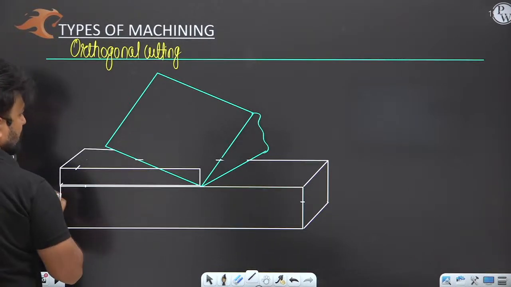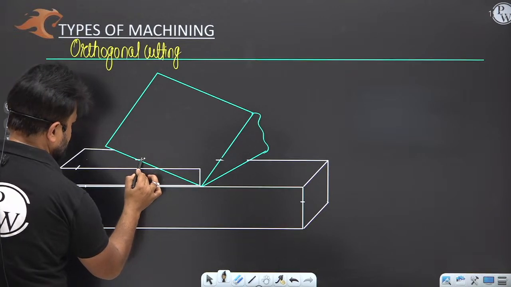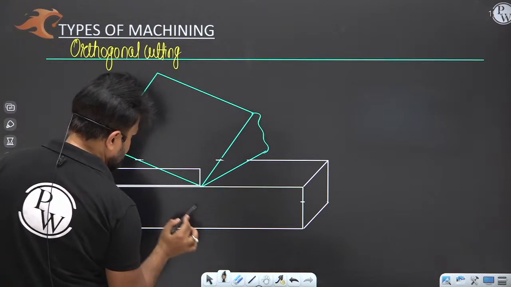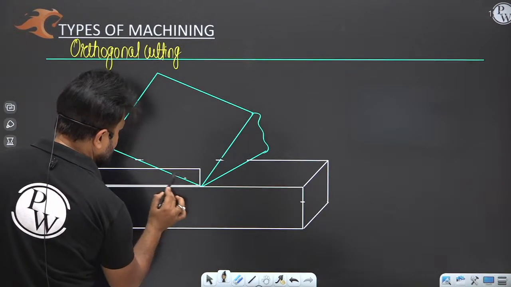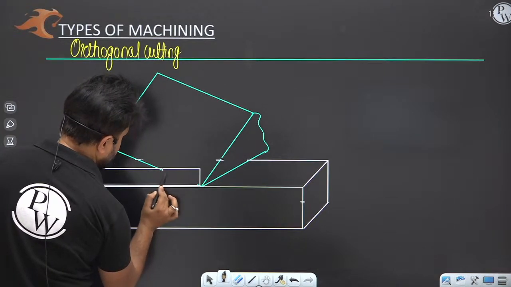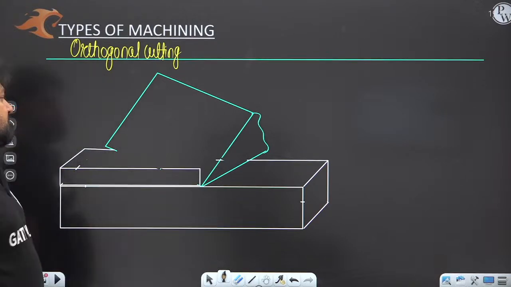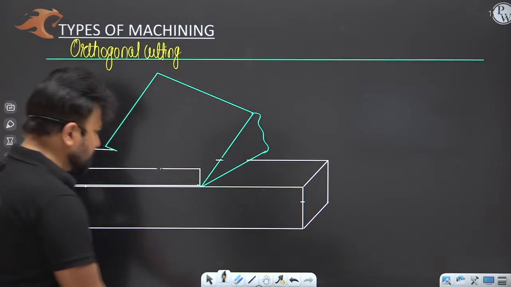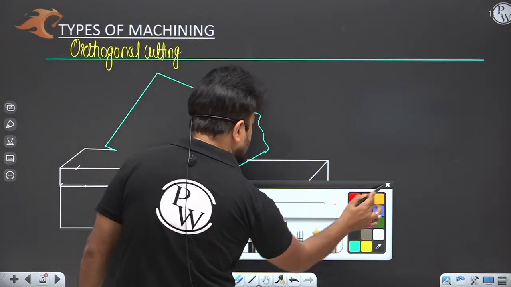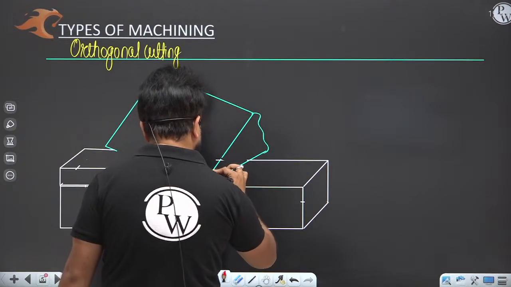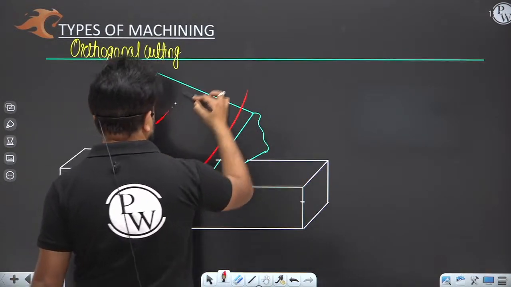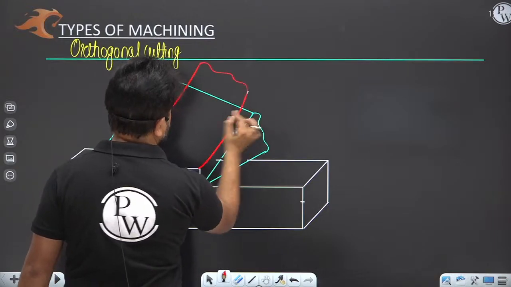See, see properly. Yes. Are you getting the thing? Now the chip is flowing, right? This and this, this is the chip.